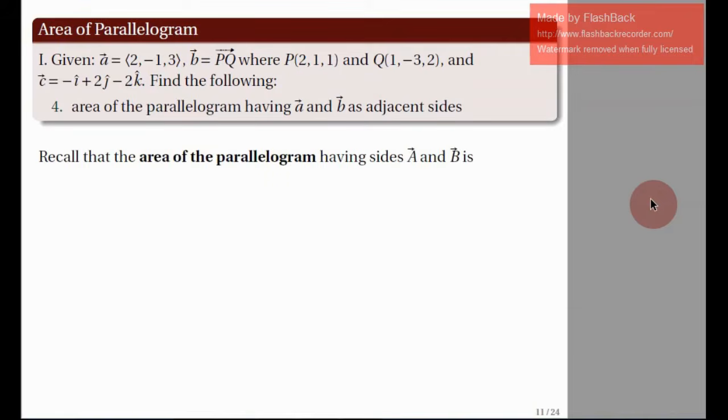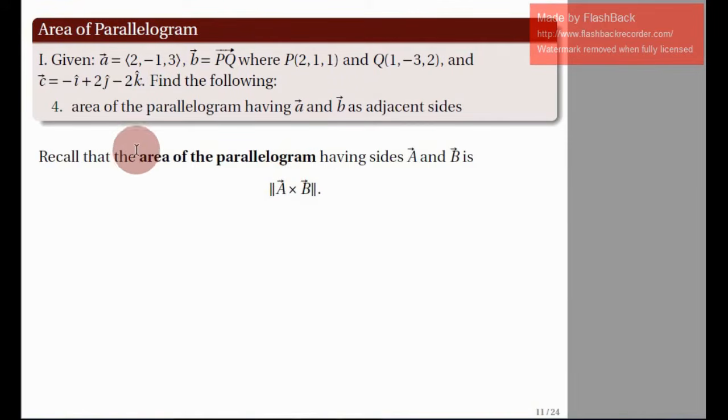So the area of the parallelogram having sides vector A and vector B is given by the norm of the cross product between vector A and vector B. I want us to note that we are getting the norm of the cross product because recall that getting the cross product, we get another vector.